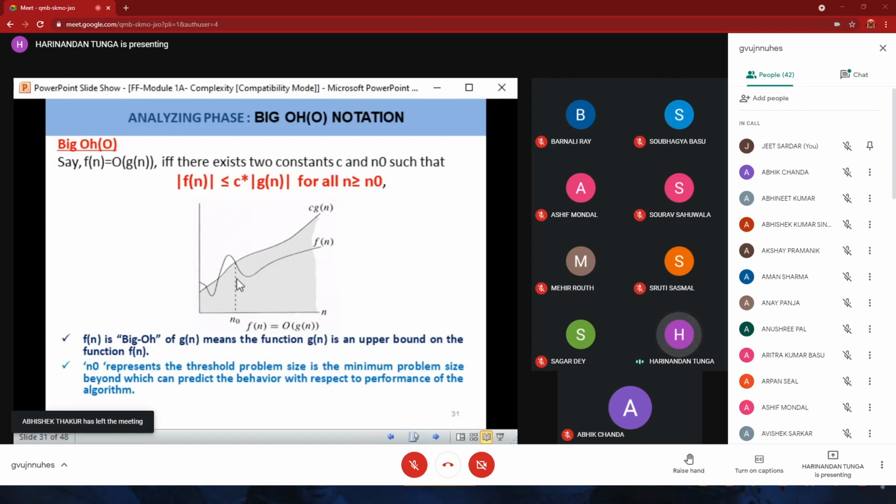The last intersection point is known as the minimum problem size. It indicates the minimum problem size, known as the threshold n0.